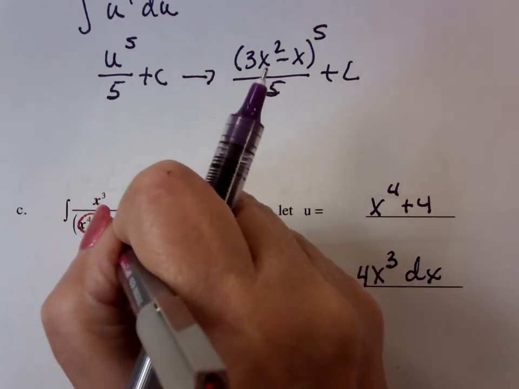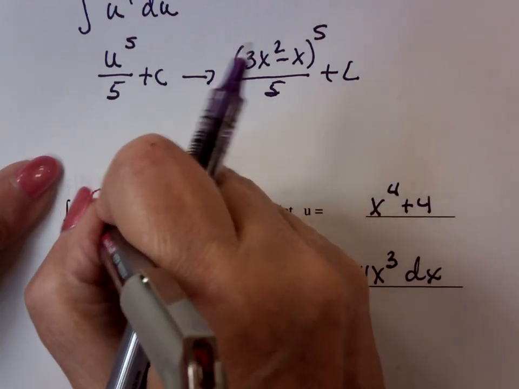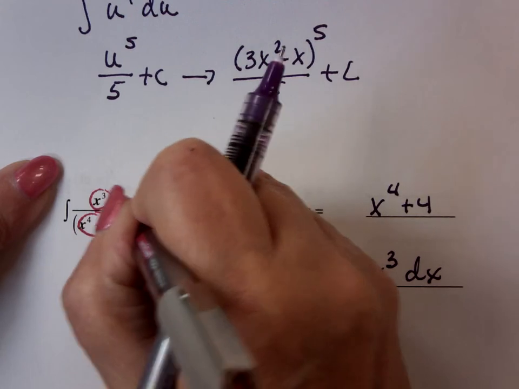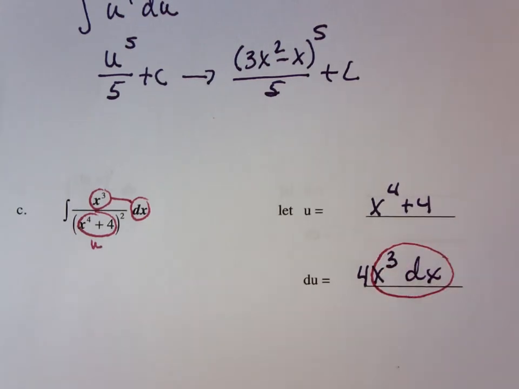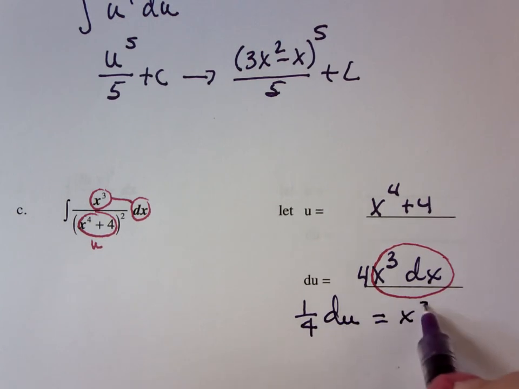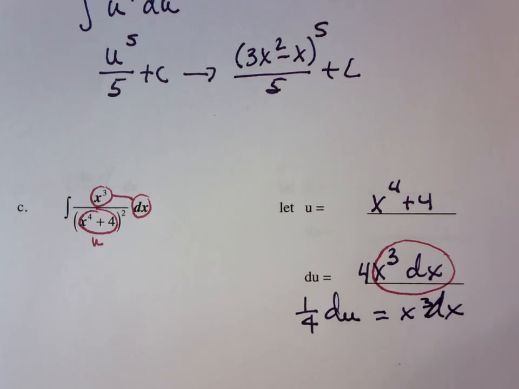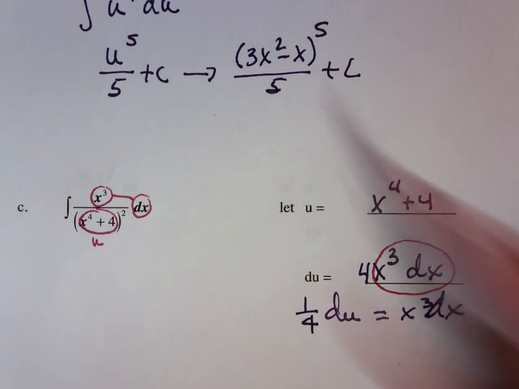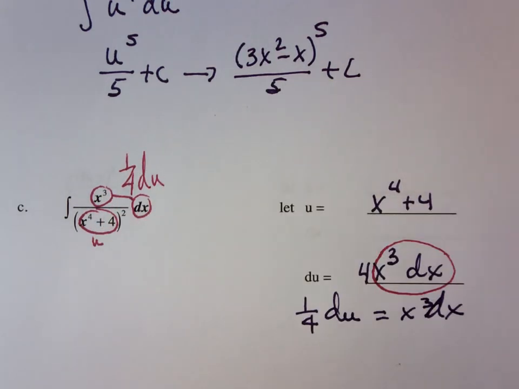This is u, and in my integrand I only need an x cubed and a dx. So I only need this part of that right-hand side. So what do I do? Multiply by 1/4, so that 1/4 du is x cubed dx. So this is 1/4 du. I'm making a complete change of variable.